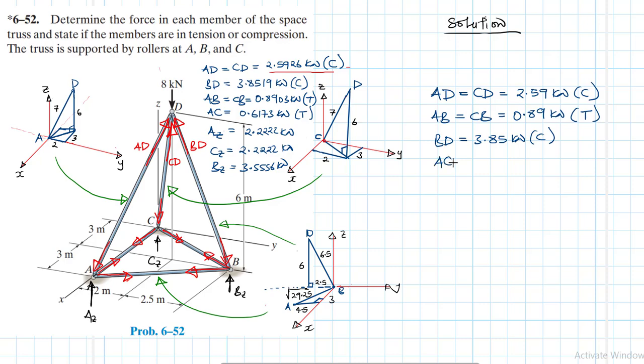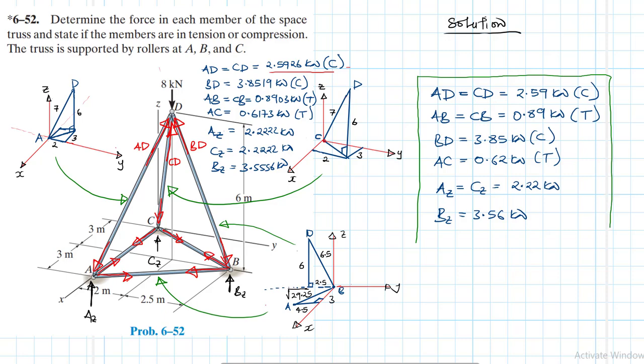And then we have AC equal to 0.62 kilonewtons and this one is in tension. Then we have AZ, which is equal to CZ, which is equal to just 2.22 kilonewtons. Then we have BZ, which is equal to 3.56 kilonewtons. Right. I guess we are done.